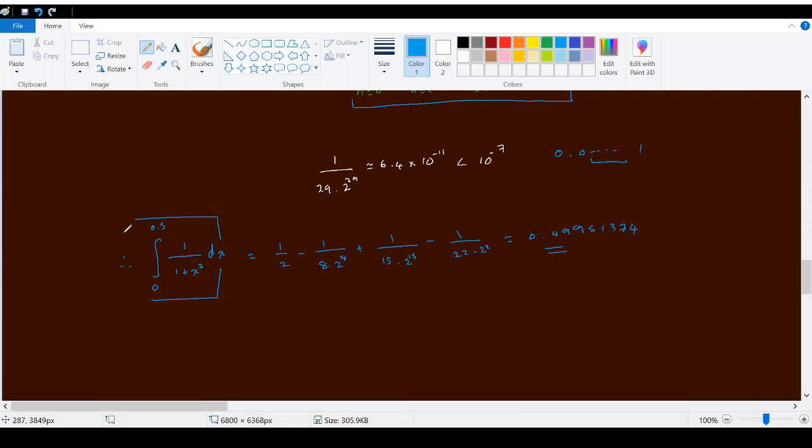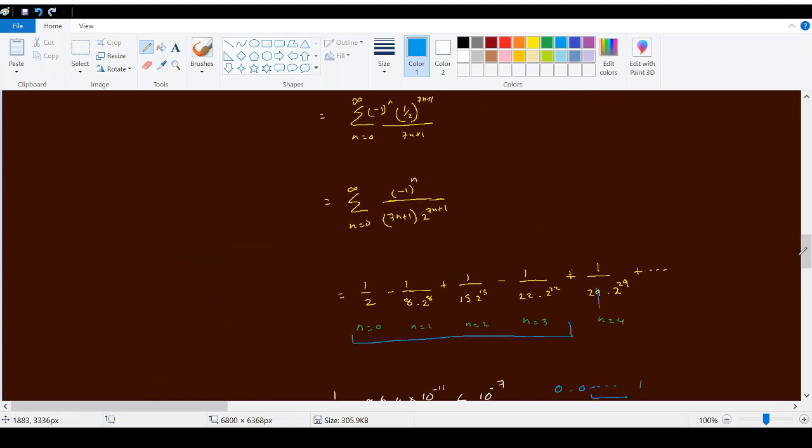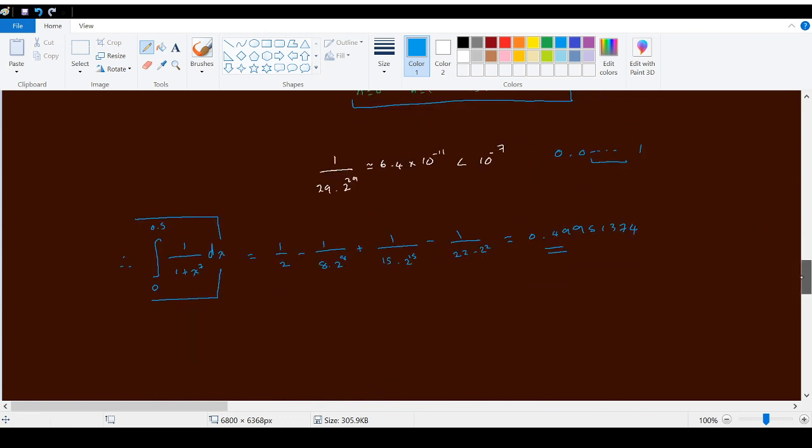So without implementing any integral techniques, we have used the knowledge of power series and approximations, and directly we have found the value of this integral. Now remember, we did not compute this integral in any analytical way, right? We did not use any substitutions, we did not use any of those inverse trigonometric identities and stuff like that, right?